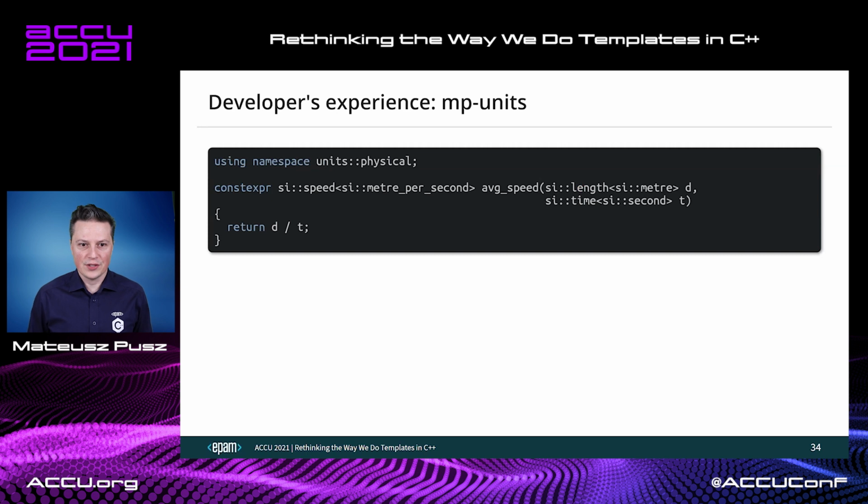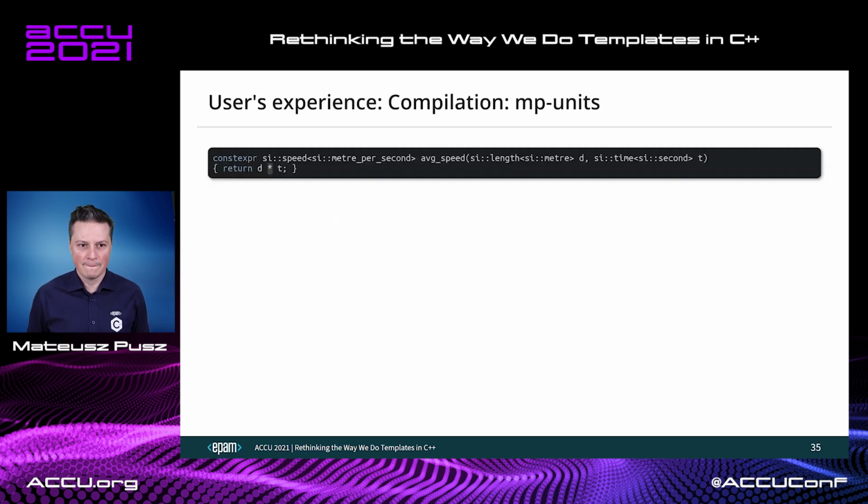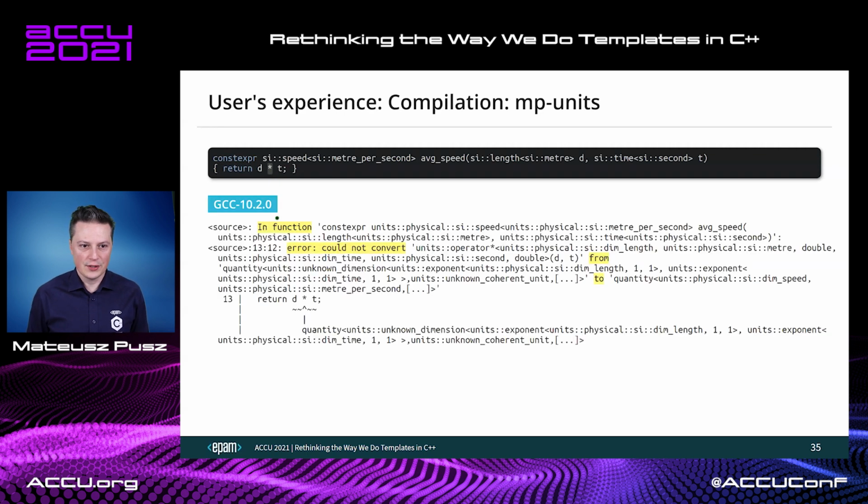For example, this is how we can implement the same simple example in my library. We have SI length of meters, SI time of seconds, and we get speed in meter per second. If you make the same mistake here, this is what we get in the error log. In function, error could not convert from to.